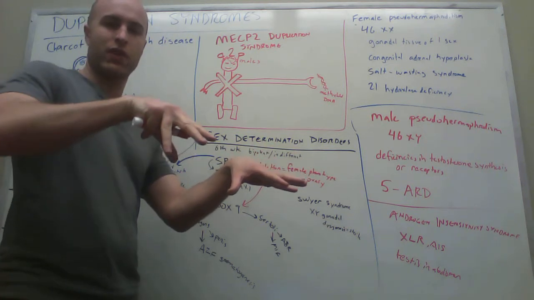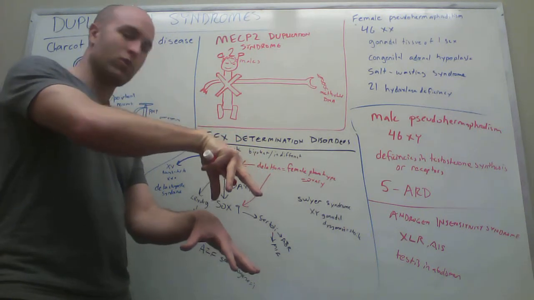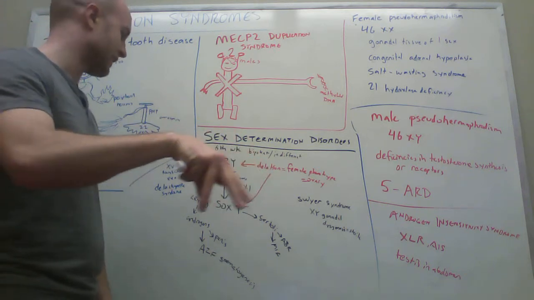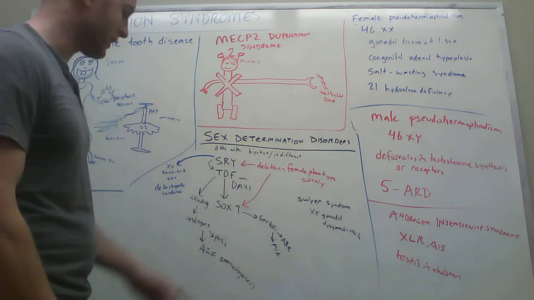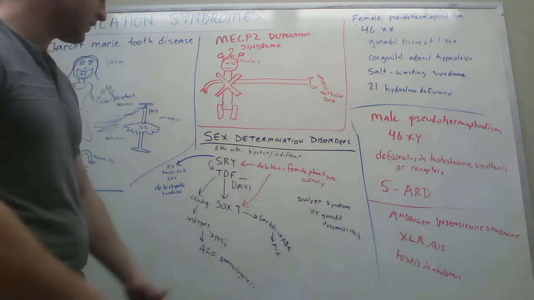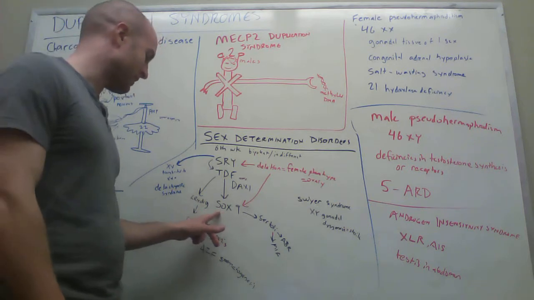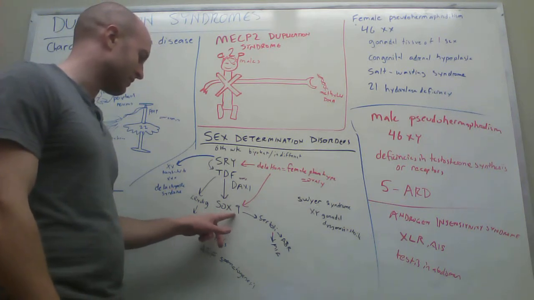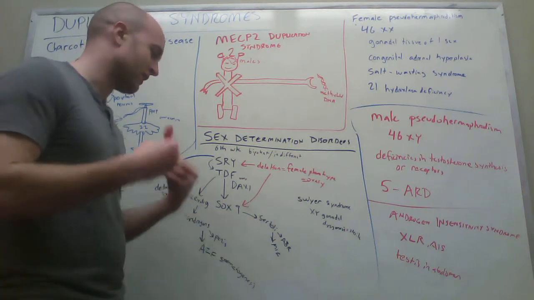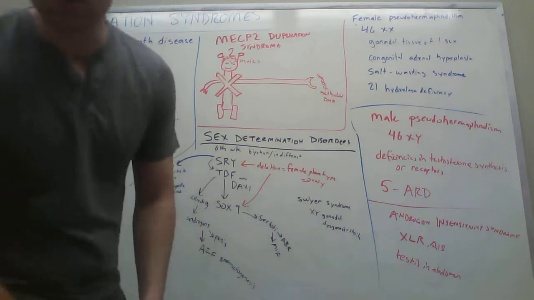The testes determining factor gets stimulated a lot, it overcomes DAX1, and that determines that the testes determining factor is strong, and that's going to activate SOX9. I don't exactly remember that. Maybe think sex 9. And that's going to activate the Sertoli cells, and the Sertoli cells are going to start to release.